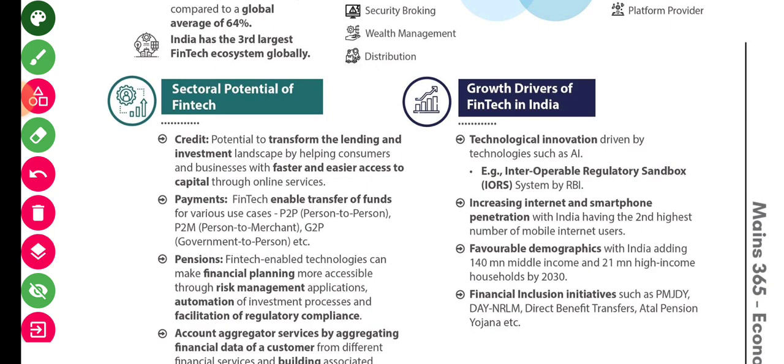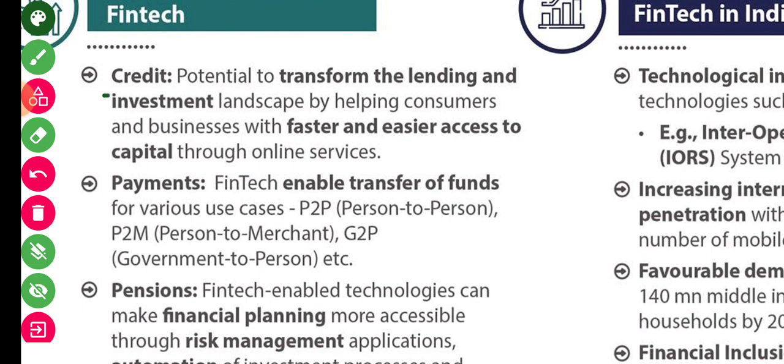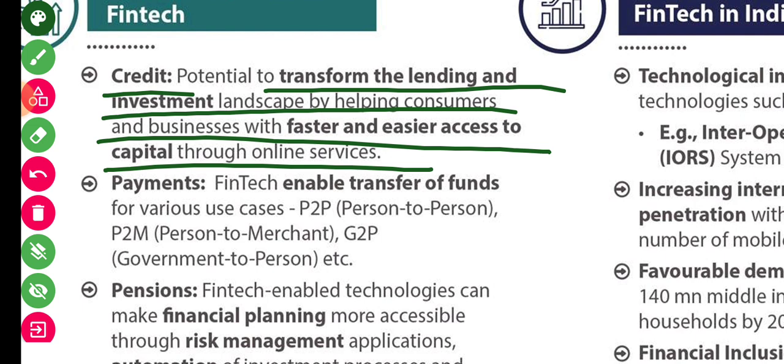Next is the sectoral potential of fintech. Credit: potential to transform the lending and investment landscape by helping consumers and businesses with faster and easier access to capital through online services.